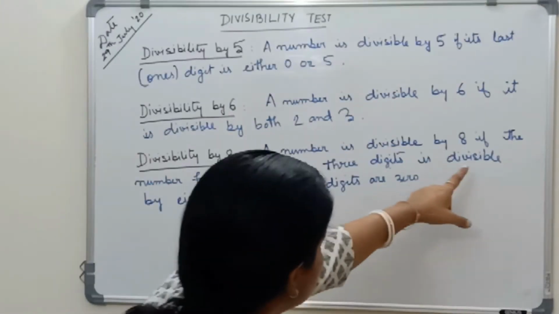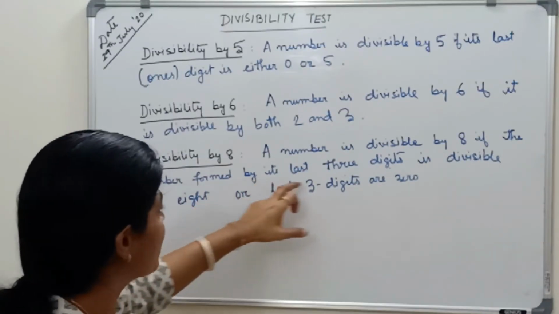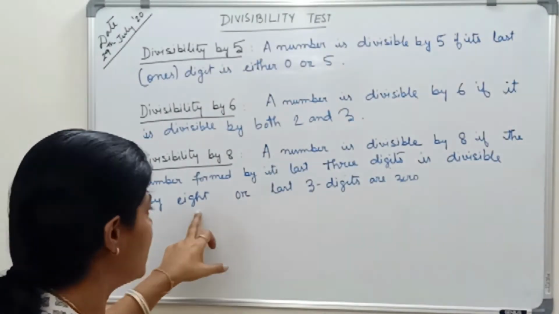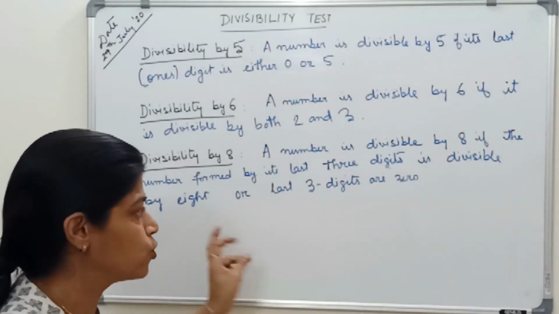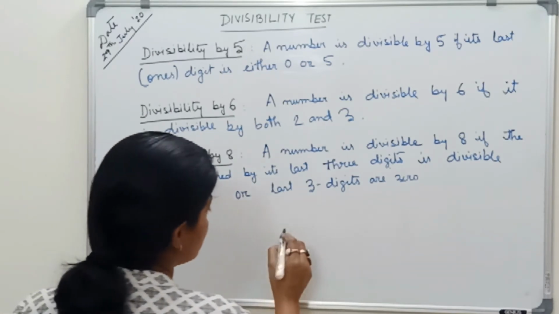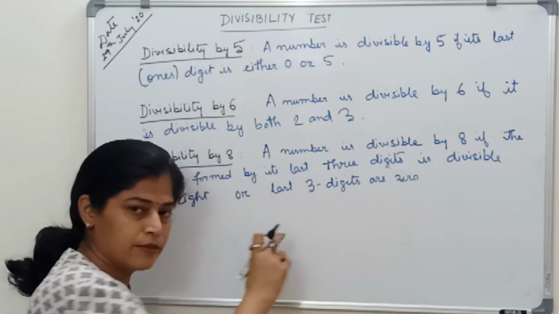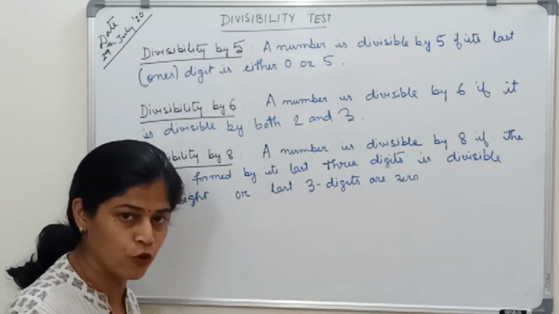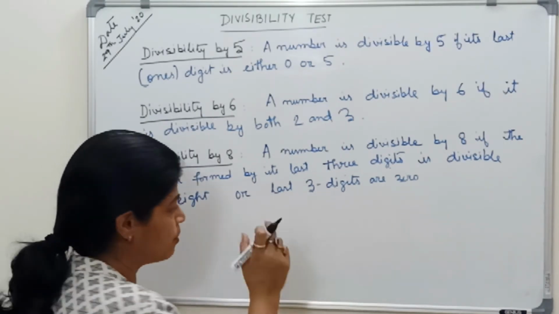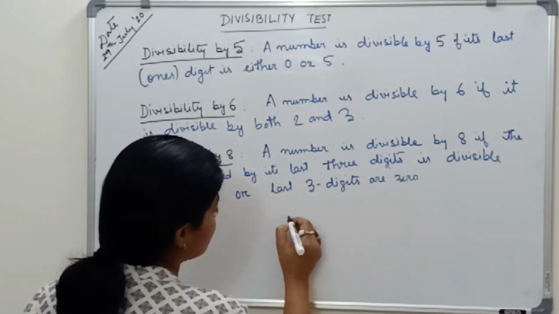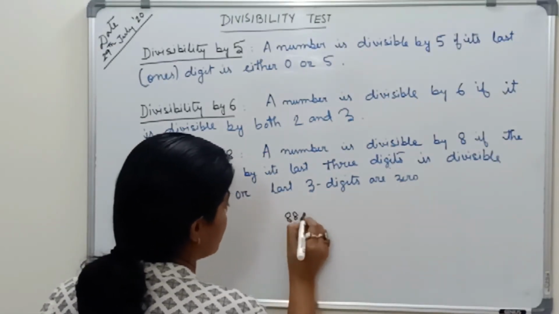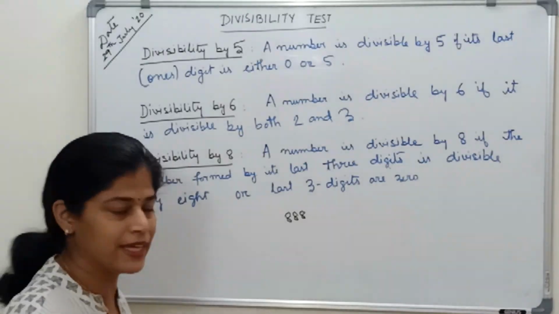A number is divisible by 8 if the number formed by its last 3 digits is divisible by 8 or the last 3 digits are 0. Just like 4. For 4 we need to take the last 2 digits. If the last 2 digits forming the number is divisible by 4, then the whole number will be divisible by 4. Here we have to take the last 3 digits. Suppose we are having 8, 8, 8. So this is divisible by 8, we know.